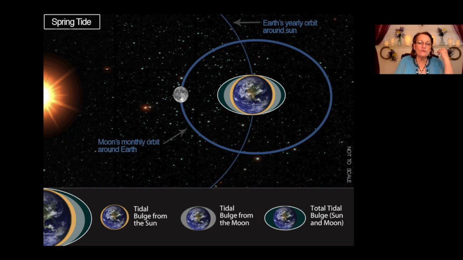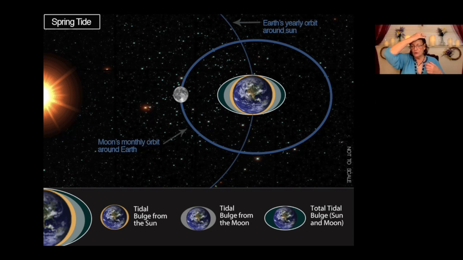Then there's this dark charcoal circle around that, and it's the total tidal bulge of the sun and the moon, all of which are encircled with this white circle. So you see, when the moon is on the left or the right, it's pulling this bulge this way. And if it's at the top or the bottom, it's pulling the bulge that way.